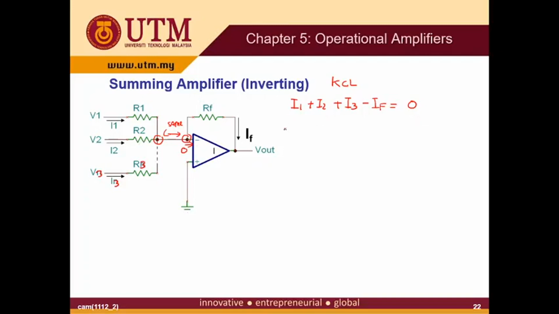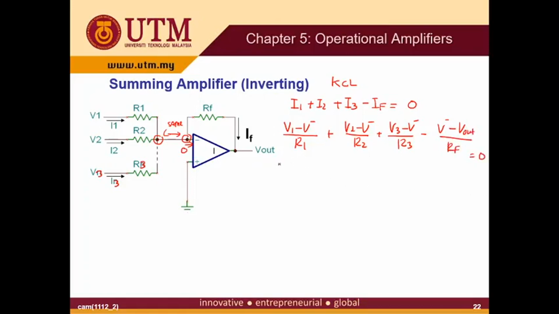I1 is equal to (V1 minus V negative) over R1. I2 is (V2 minus V negative) over R2. I3 is (V3 minus V negative) over R3. And IF is (V negative minus Vout) over RF. This is equal to 0.